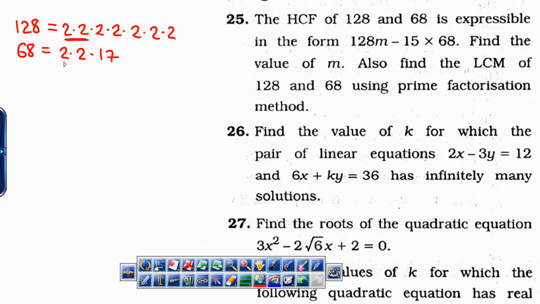Therefore, the HCF highest common factor according to my calculation is 4. But they are saying the highest common factor is expressible like this.